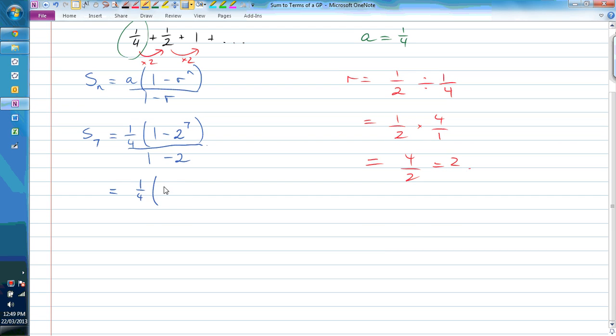So we get 1/4. Now, 2 to the power of 7 is 128. On the bottom here, I'm going to get 1 minus 2, that's minus 1. 1 minus 128 is negative 127.